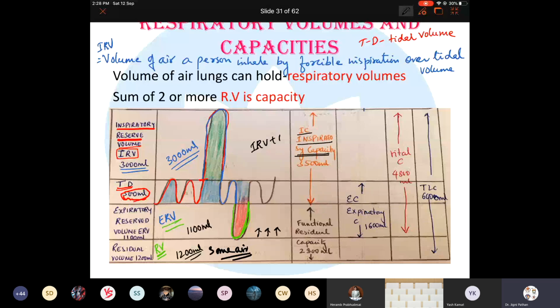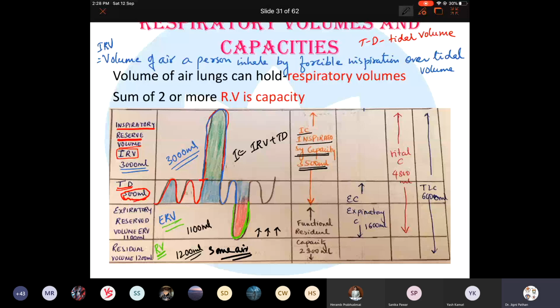When you add 3000 plus 500 ml, the capacity becomes 3500. IC is equal to IRV plus TV. Clear? IC is inspiratory capacity.